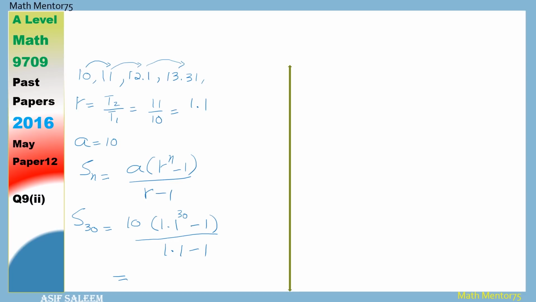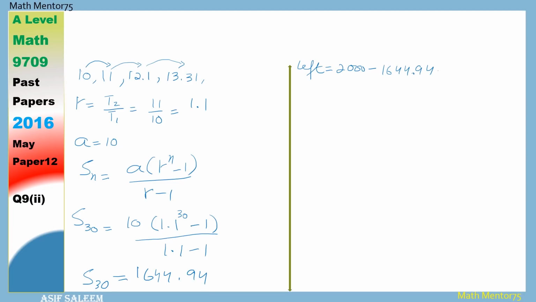After solving this, we have 1644.94 liters. That much amount we have lost after 30 days. Now how much water is left? Now we are left with 2000, the original amount, minus the water which is being lost in these 30 days.